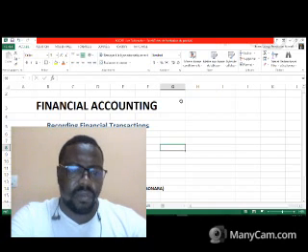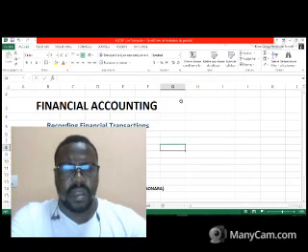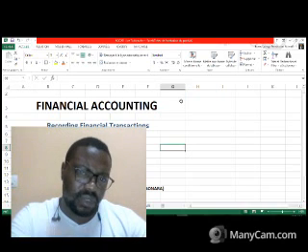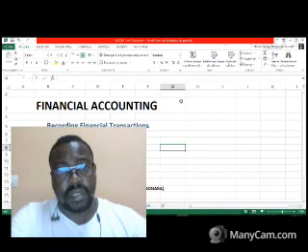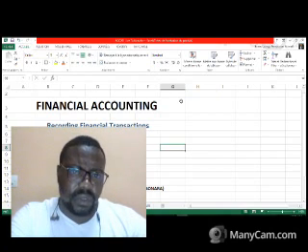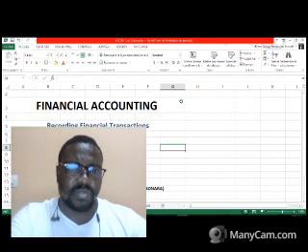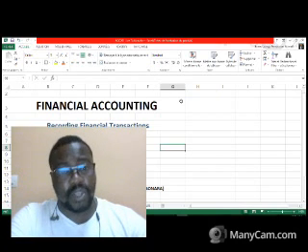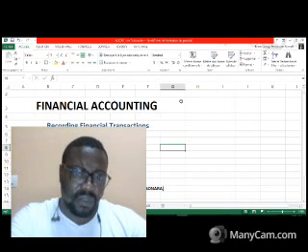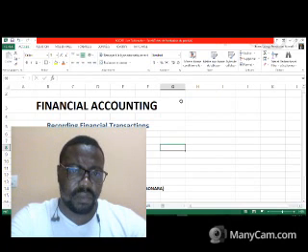Now, I will move straight forward into recording these transactions into the various books of prime entry. Like I said, I will not go into definitions of accounting, books of prime entry, and all that. What we are going to look into today is recording financial transactions into books of prime entry and ledger accounts, balancing them off and posting them into the trial balance.